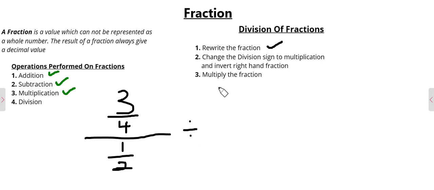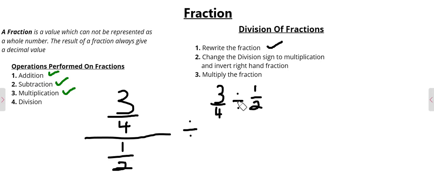When we do, we have 3 all over 4, divided by 1 all over 2. Now we have succeeded in rewriting this fraction.